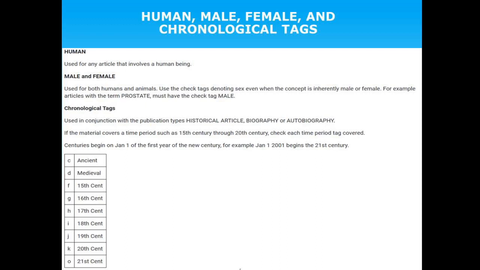So see, for ancient the tag is C, for medieval the tag is D, for 15th century F, similarly till 21st century it is O. So if a material covers from 15th to 20th century, you have to include each chronological tag, like F, G, H, I, J, like that. For example, if an article discusses from January 1, 2001, that means it is beginning with the 21st century. You can automatically add O.